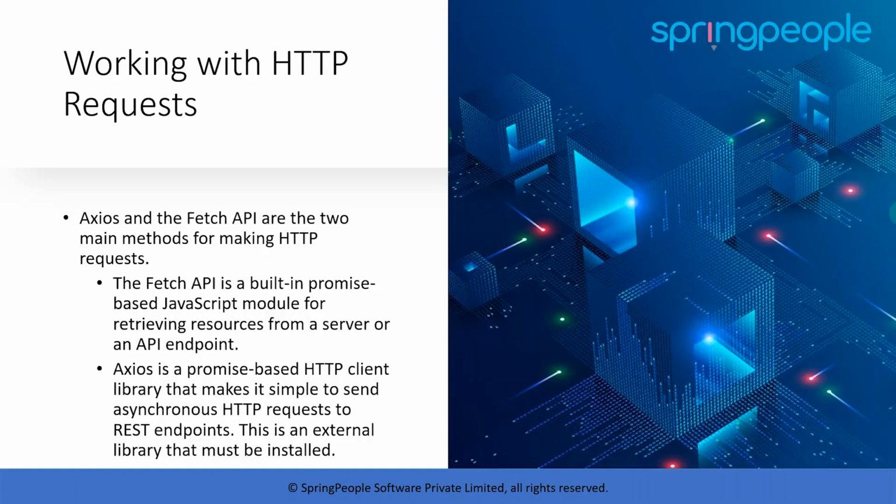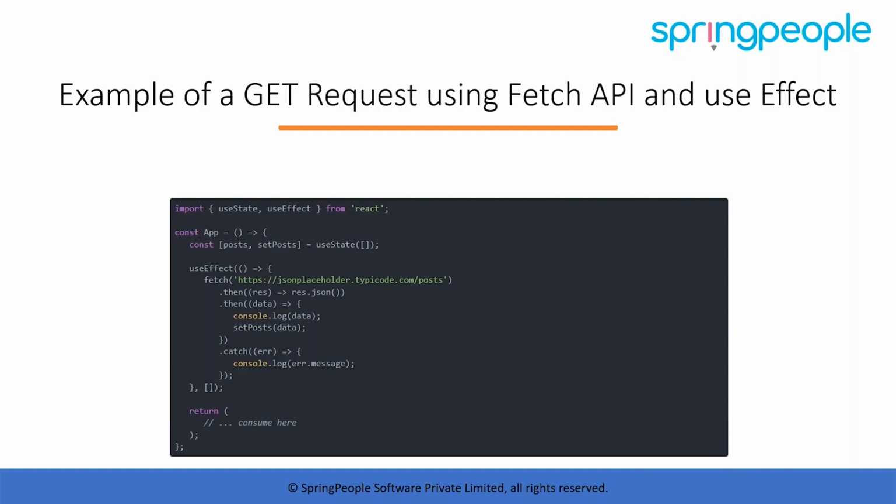When you're working with the Fetch API, or Axios maybe, we do work with the useEffect hook. If you are already familiar with React, you know what useEffect does for us.